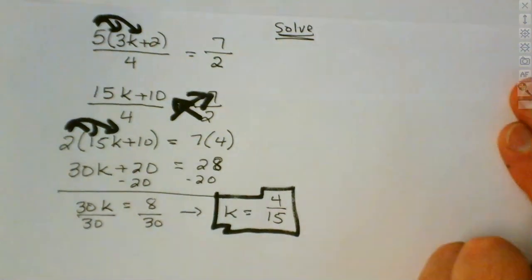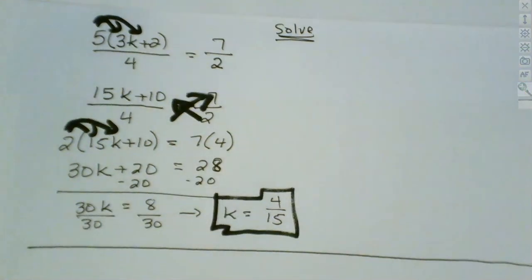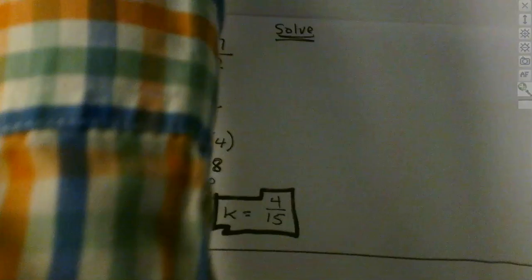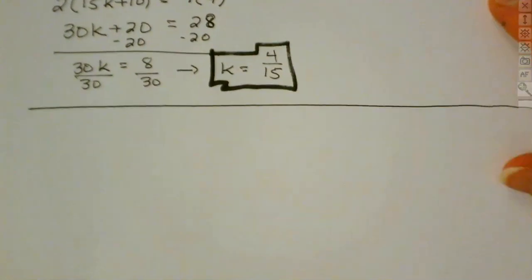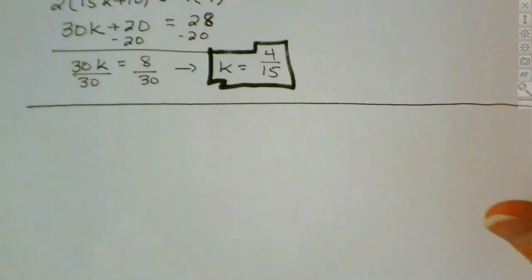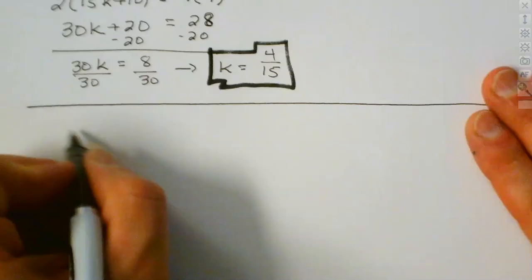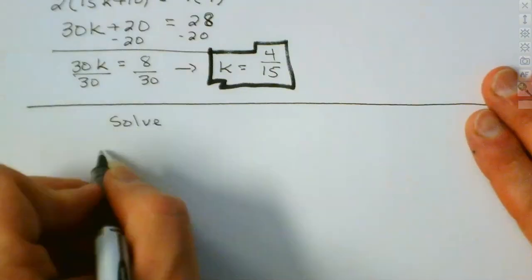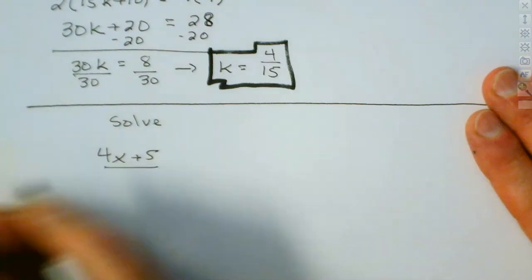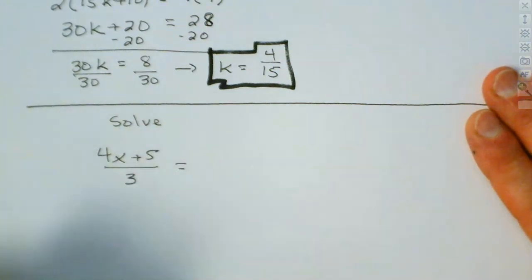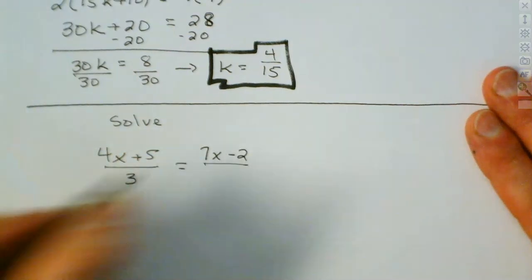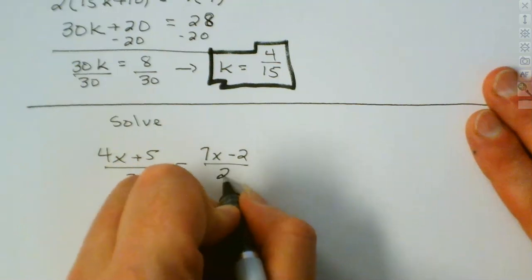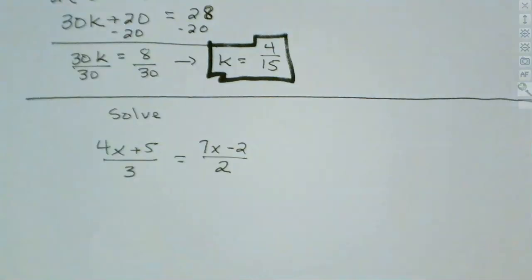Let's do one more, and then we'll look at how to compare ratios. So let's look at one more. And we'll make up something kind of like what you got in homework. So I want you to solve this.